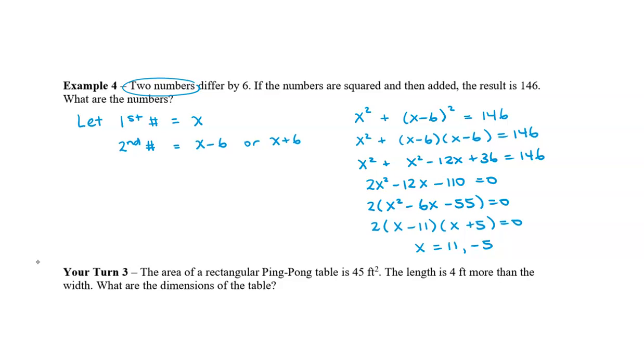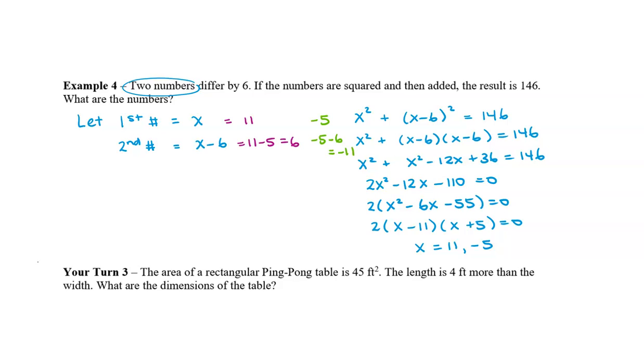So when I plug in the 11, actually I'm going to erase this one here because I didn't use it. I can either say x is 11, and if x is 11, then we also have here 11 minus 6, and that equals 5. Now we can also say, I'll use a different color, we can also say that x is negative 5. And then we can also say negative 5 minus 6, which equals negative 11.